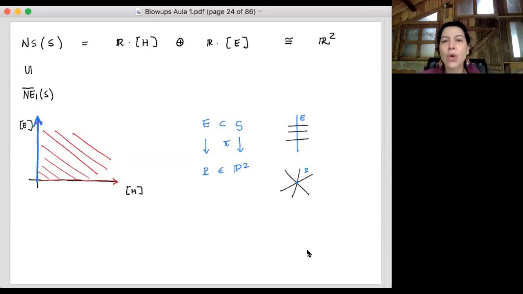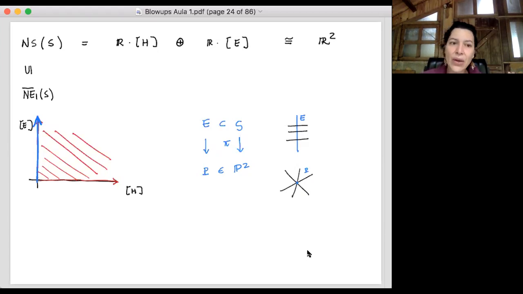And this is what we call the contraction of the ray in the following sense. This is a birational morphism that contracts a unique curve E to a point. And this unique curve that gets contracted by this morphism is a curve whose class lies in the extremal ray. So this is what this picture is illustrating.